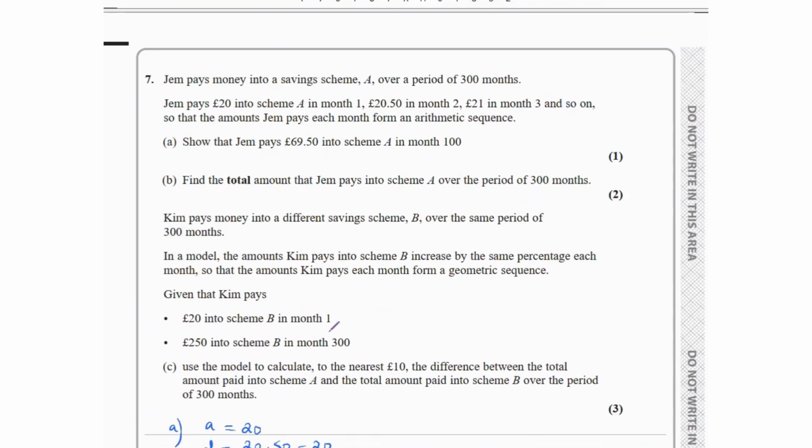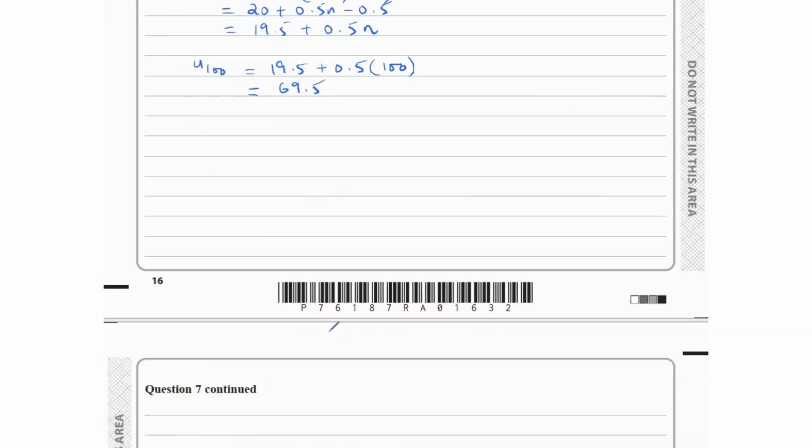Then you have to find the total amount that Jem pays into scheme A over the period of 300 months. So sum of the first 300 terms. So S300 is going to be n over 2 times (2a plus (n minus 1) times d).